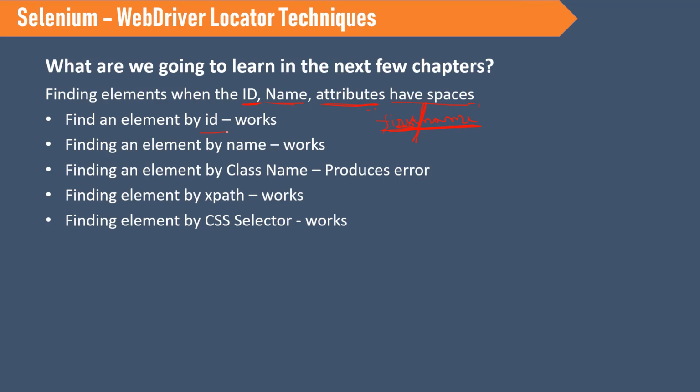So find the element by ID, by name, by class name, by Xpath, and by CssSelector. We will try to locate those elements that have the ID, name, or attributes with spaces, and we will see what happens. The only thing is, these 4 things work except the class name, it produces an error, and we will see it in the next few videos.